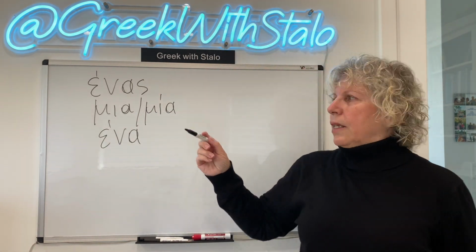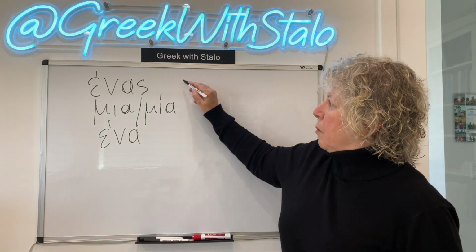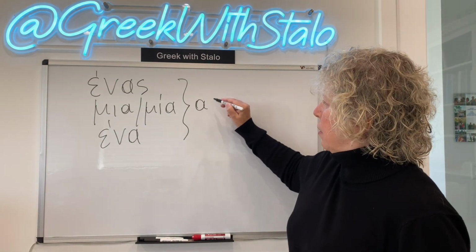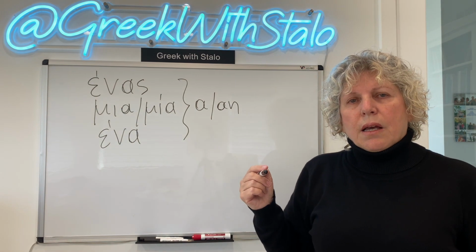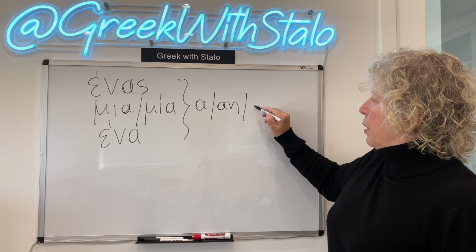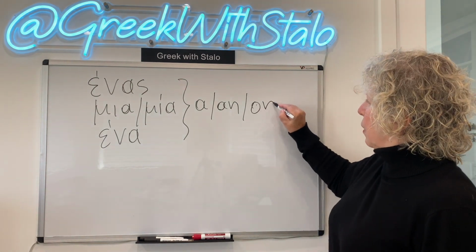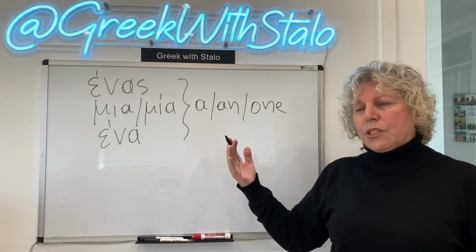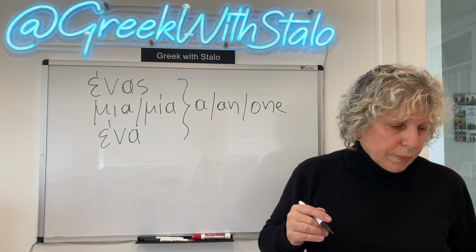And we said that ένας, μια or μία and ένα is translated into English as a or an if the following word begins with a vowel, and also is translated as one, the numeral one. And we mentioned that how we translate it depends on the context.